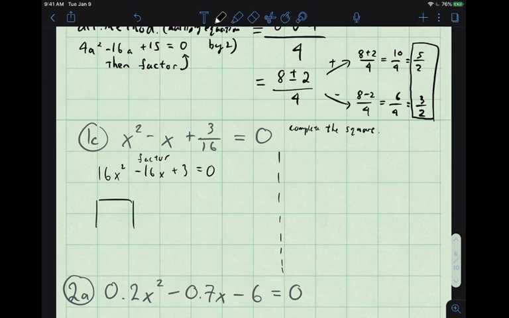Draw your box. Draw your diamond. 16x squared, 3. Together that makes 48x squared. Try to add up to 16x. We think, 48, 16 and 3, 13 and 3, what are they? 12 and 4, there we go.